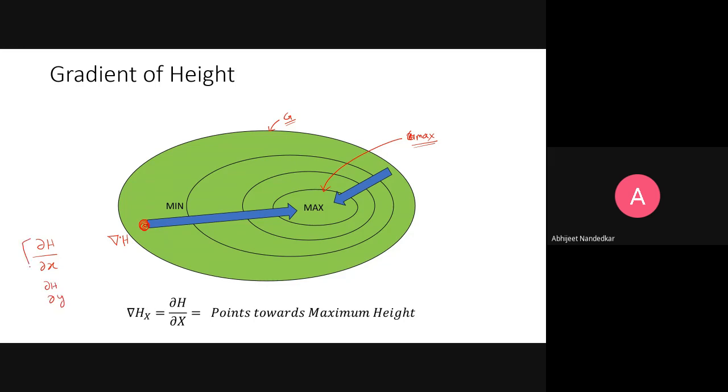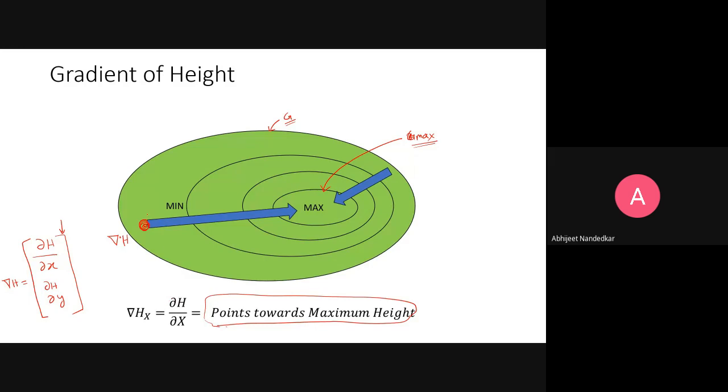If you place these in a vector, this is called the gradient of height. And this vector is always pointing towards the maxima of the function. So you note this down: the gradient of a scalar function always points towards the maxima of that function.